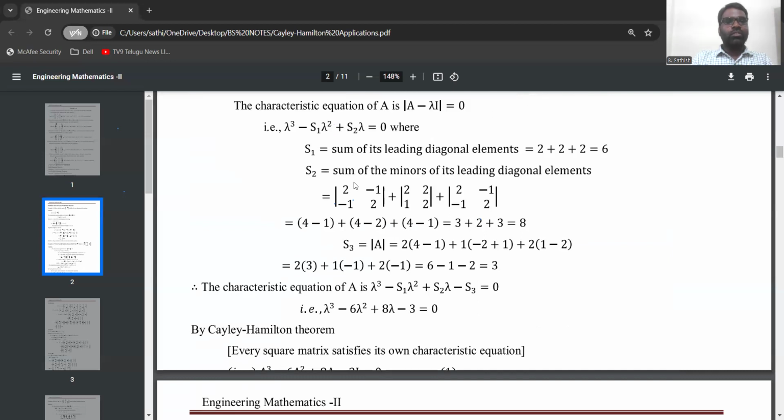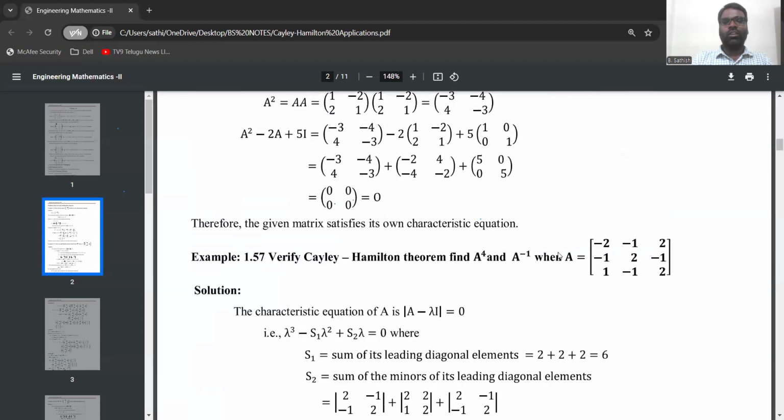And s2 is nothing but the sum of the minors of the main diagonal or leading diagonal elements. That means we have to calculate the determinants for the main diagonal elements. The minor of the first element, removing the first row and first column, gives the determinant of the matrix 2, minus 1, minus 1, 2.